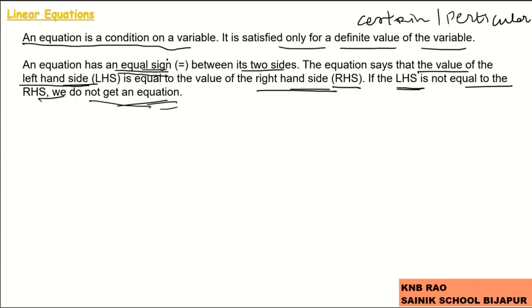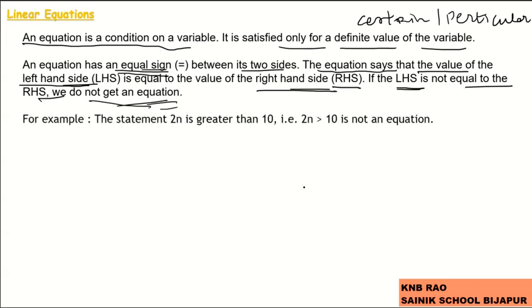And the equation says the value of the left hand side is equal to the value of the right hand side. If the left hand side is not equal to the right hand side, we do not get an equation. For example, the statement 2n is greater than 10, written like this, is not an equation.